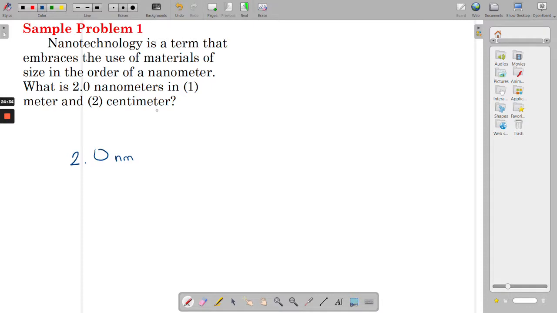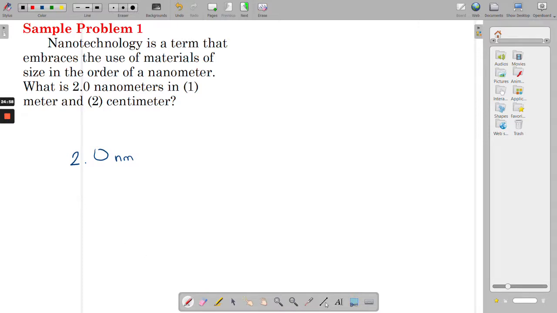So in order for us to do that, what we need is a conversion ratio. As I mentioned, also discussed earlier, we put the unit that we want on top and the unit that we want to replace on the denominator.